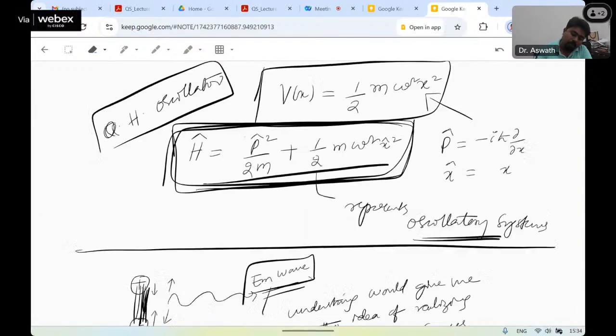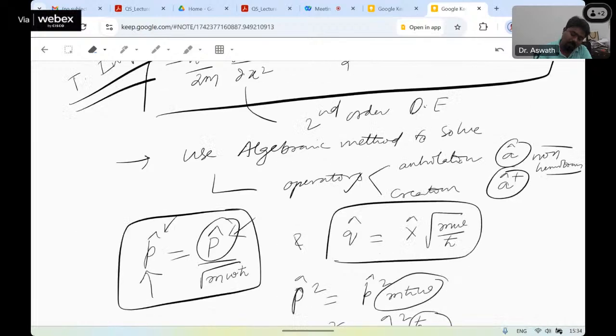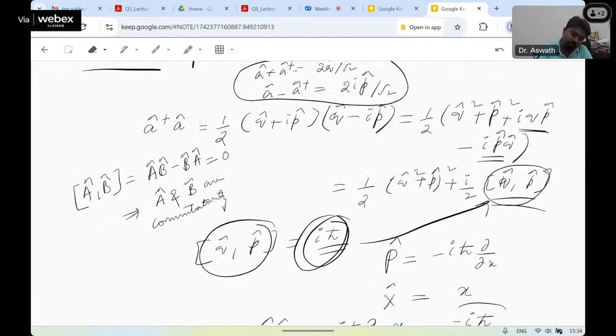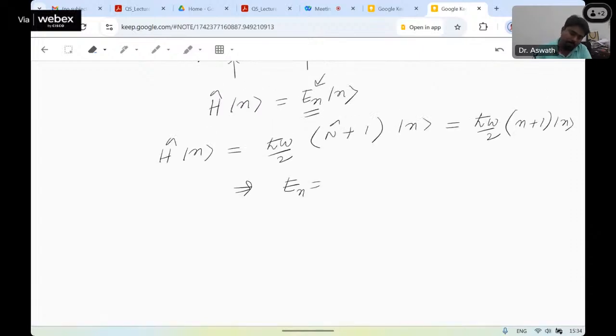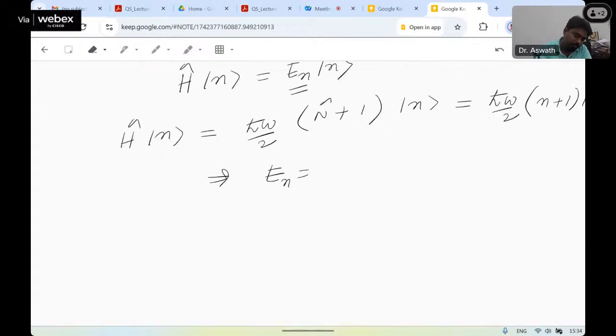A factor of half is actually inside, not outside. So this factor is inside. Fine. So ħω multiplied by (n + 1/2).